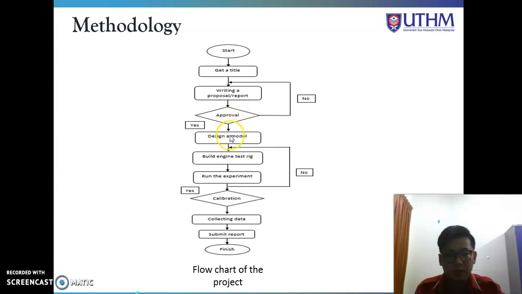The next step is to design a model and then build the engine test rig. After that, run the experiment. After running the experiment is calibration, and the next step is collecting data, submitting the report, and finish.